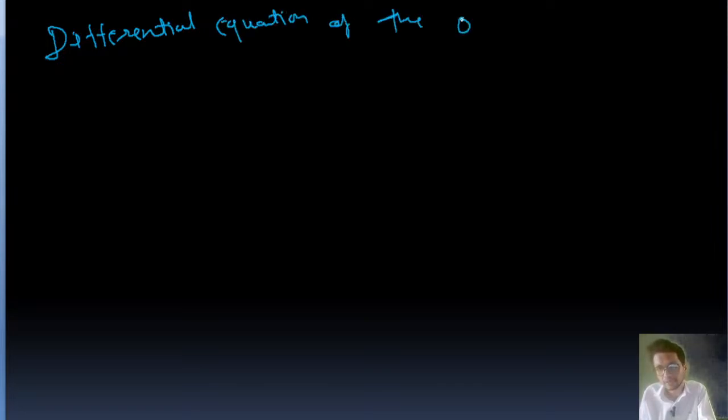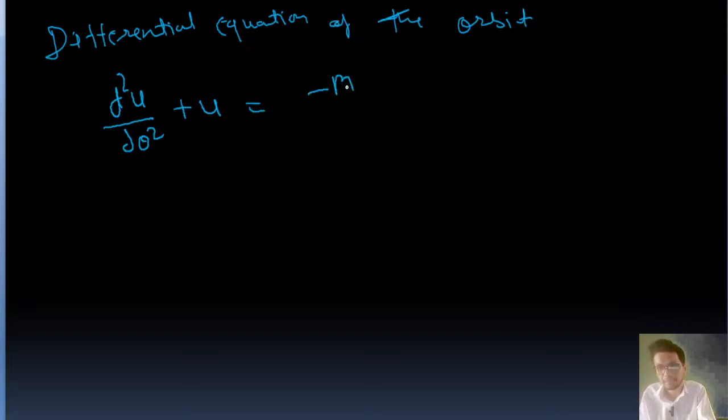Differential equation of the orbit is going to be d square u upon d theta square plus u, that is going to be equal to minus m upon L square u square and f of r, or we can write f of 1 upon u. Okay, f, which is a function of 1 upon u. So this is the differential equation of the orbit, guys. You need to note it down.